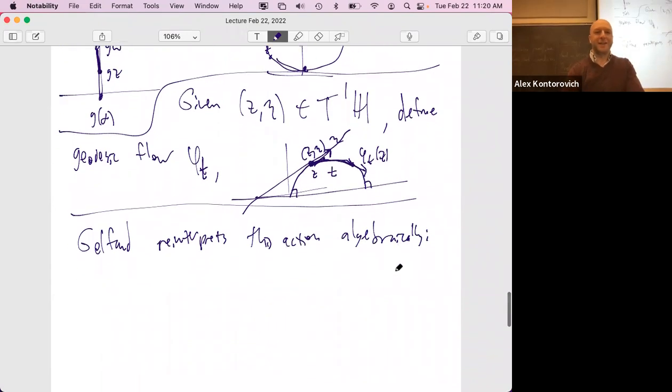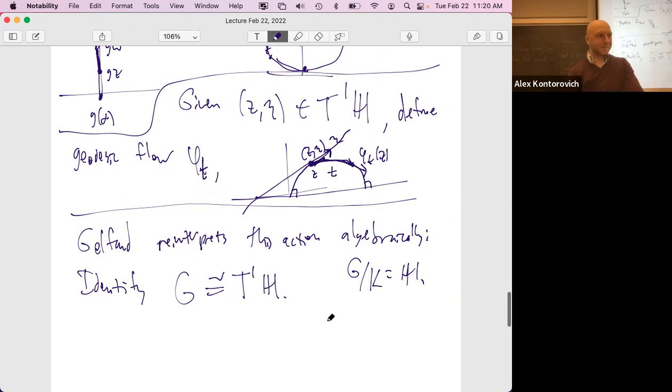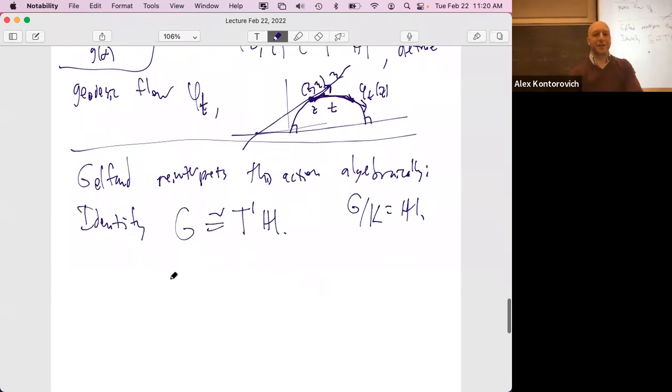How? He claims that the geodesic flow, under the identification, right? We need to do the identification. Not only can we identify G mod K with the upper half plane, we can identify G itself with the unit tangent bundle. Why is that? What's the identification?